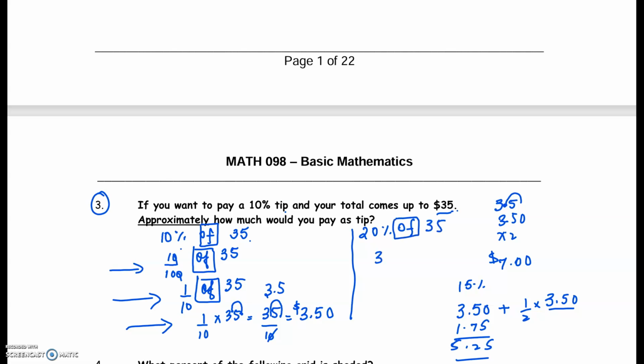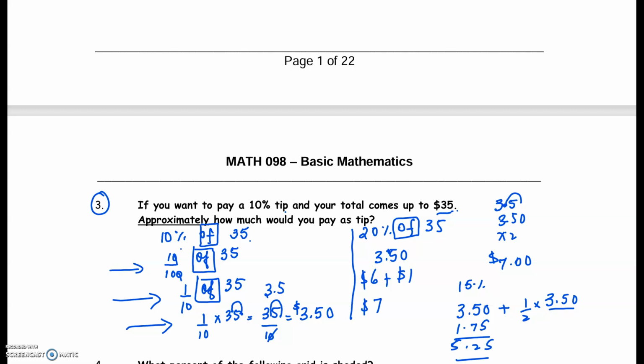So if it's $3.50 for $35, and that is a 10% tip, doubling that would make it 50 plus 50, 100 cents, so that's $1, and 3 plus 3 is 6, so it's a total of $7.